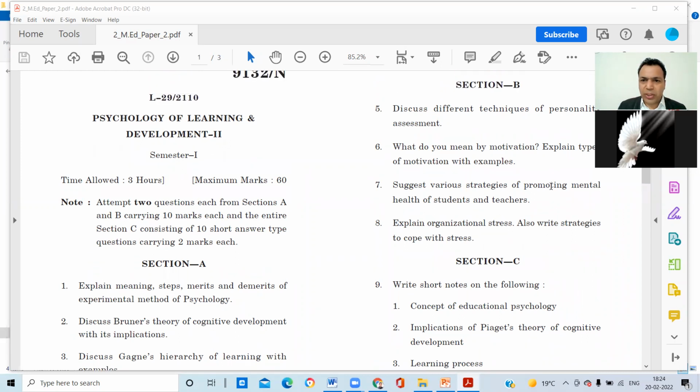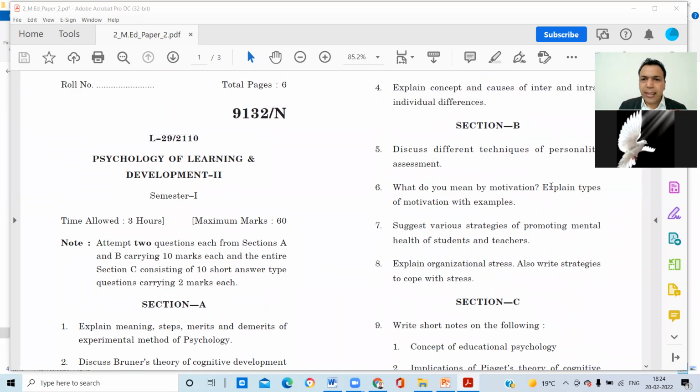And the fourth question is: explain concept and causes of inter and intra individual differences. See on the top, first learn the questions, then select. You have to attempt 2 questions from section A and 2 from section B, right?